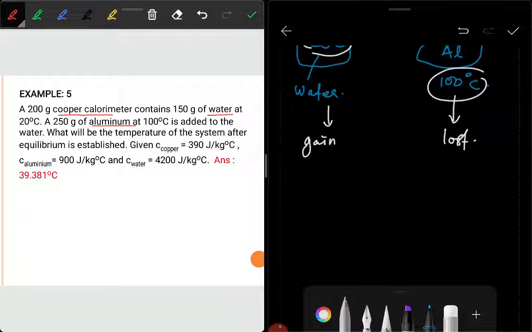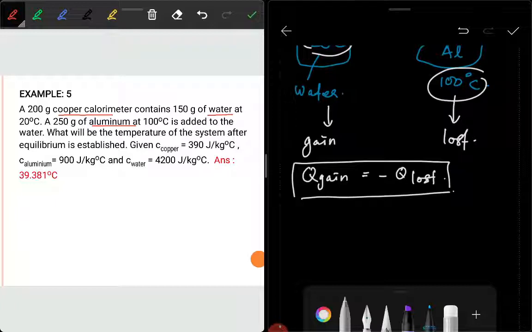So again, remember we will use the equation of heat gain. Heat gain is equal to minus heat loss. Don't forget to put minus heat loss. For me, I prefer to use this equation. It's up to you.